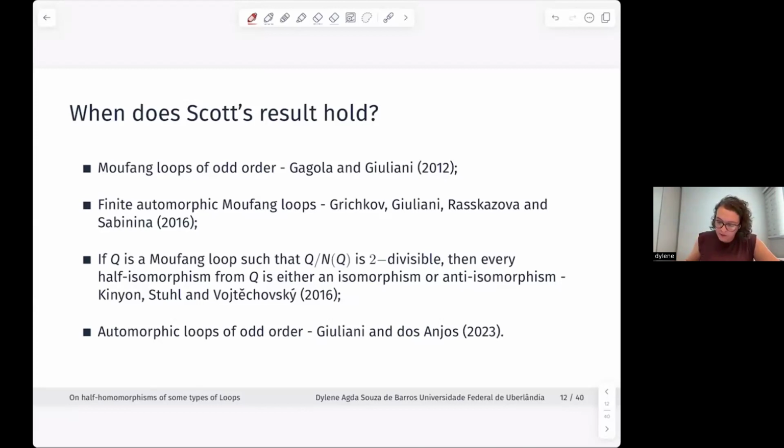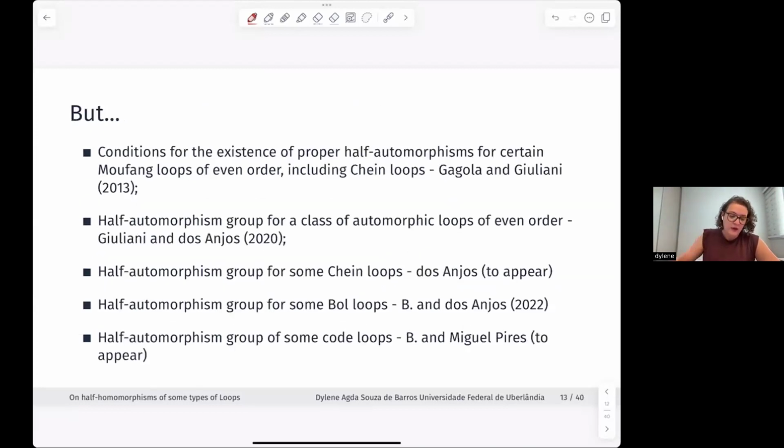And in the other direction, we have conditions for the existence of proper half automorphisms of certain Moufang loops of even order, including chain loops. There's a description of the half automorphism group of a class of automorphic loops of even order.